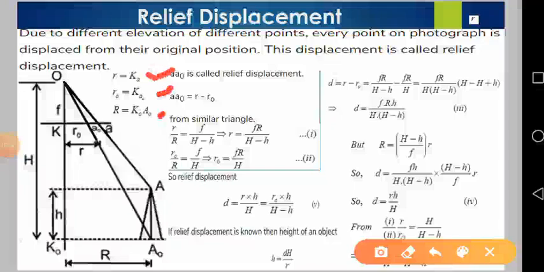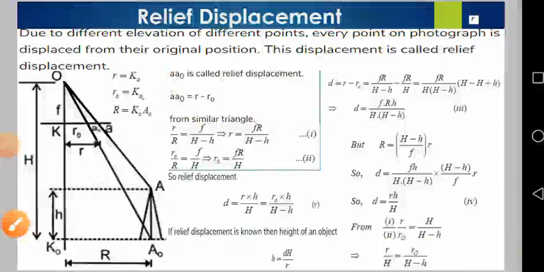Therefore, the difference between these two, r minus r naught, will always give you the relief displacement. Let us observe how to get the expression for the relief displacement here.